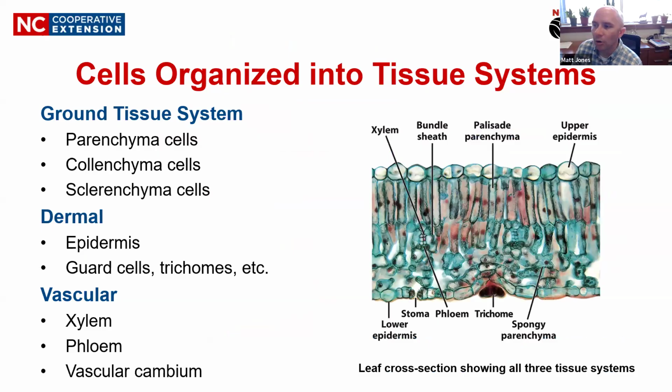In plants, we tend to call these tissue systems. And unlike the many tissue types you could find in animals, plants just have three main types of tissue systems: ground tissue, dermal tissue, and vascular tissue.